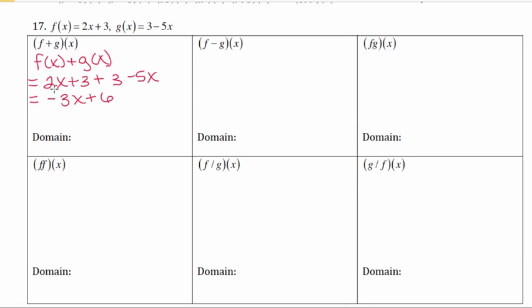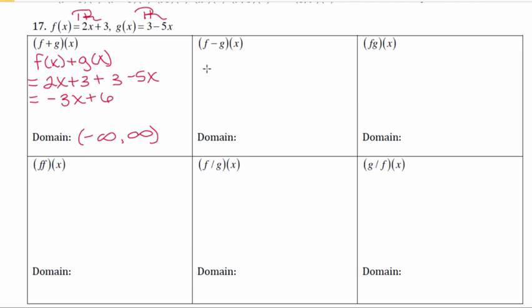My domain is going to be the overlap or intersection of the domain of the two original functions. The domain for both of these functions is all real numbers, or negative infinity to infinity. So they overlap everywhere, and the domain of your new function that you got when you added the other two together is negative infinity to infinity.